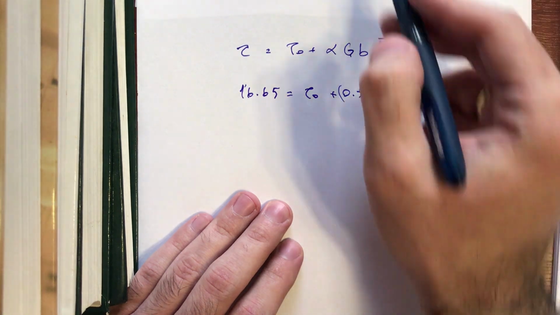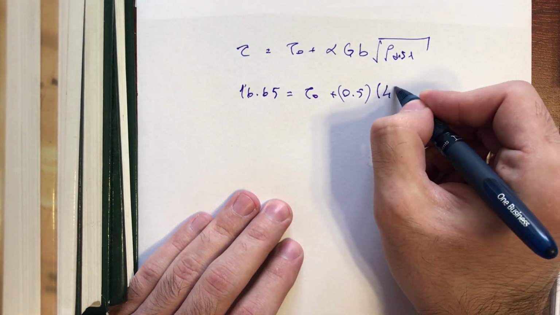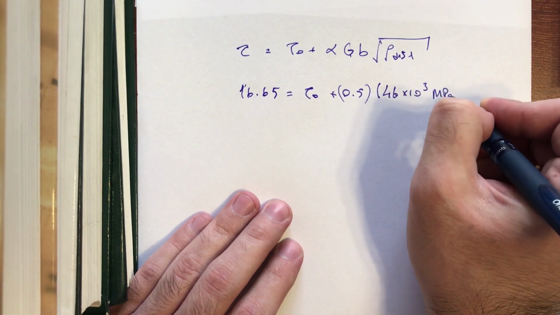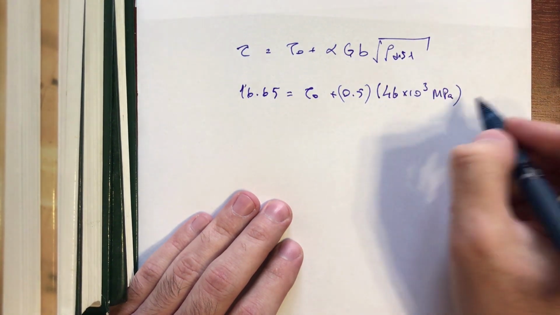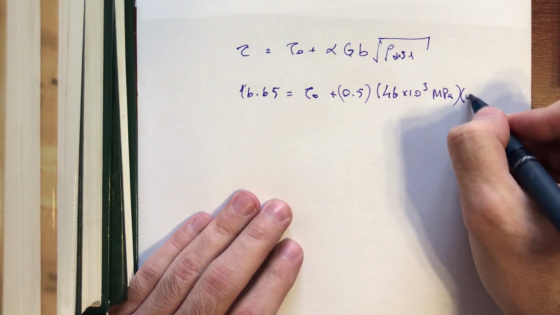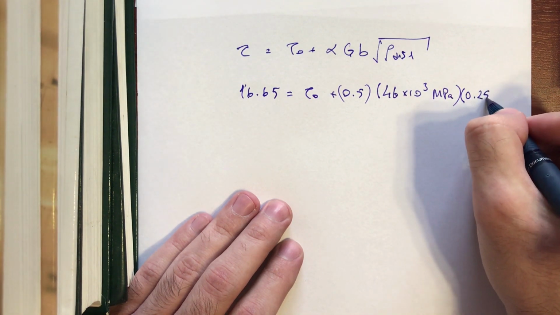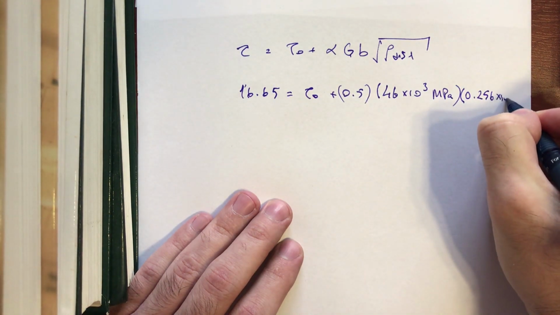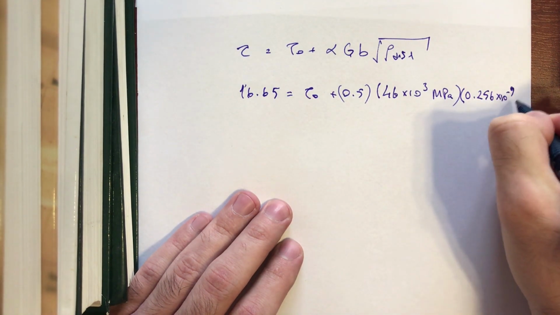If you convert gigapascals to megapascals, G is going to be 46 times 10 to the power 3 megapascals. We know what b is. It's going to be 0.256 nanometers. Let's convert it to meters, 10 to the power minus 9.